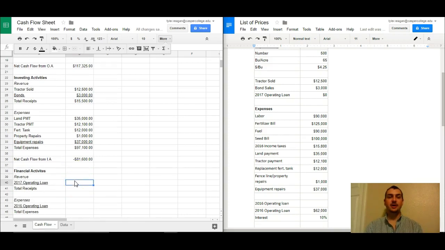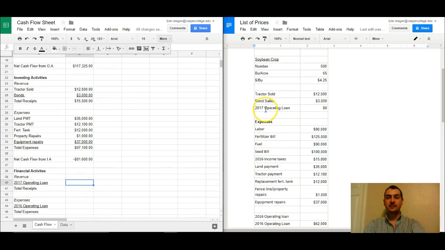We need to go ahead and calculate this 2017 operating loan. And if we look up here, the 2017 operating loan is a revenue because we are receiving cash that year, and that's actually equal to 0.